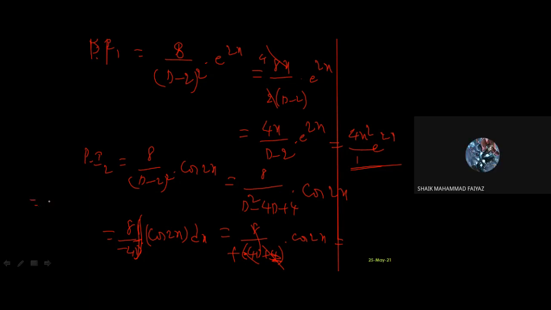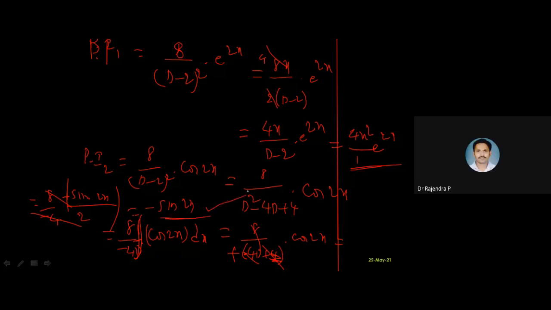This value is 8 by minus 4 is there. This will be minus, integral of cos 2x is plus sin 2x by 2, right? So the 2 gets cancelled: minus sin 2x. Correct?